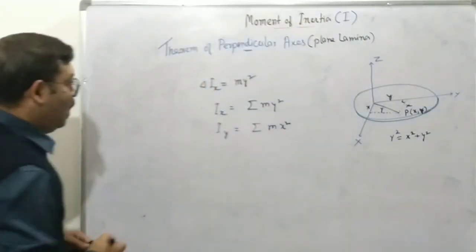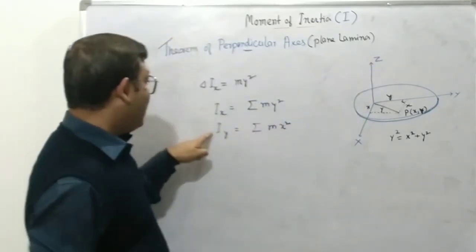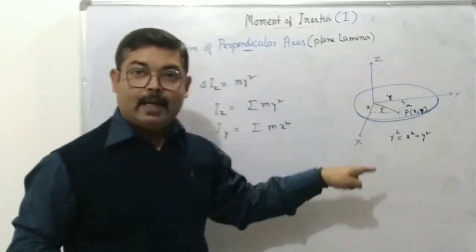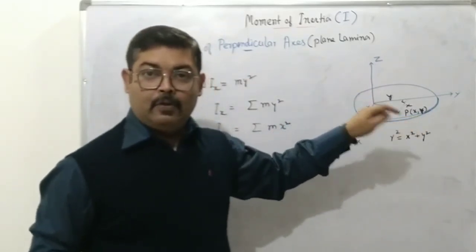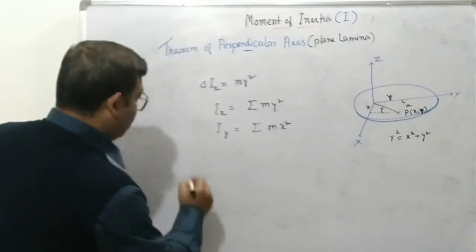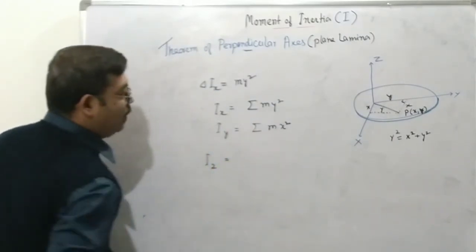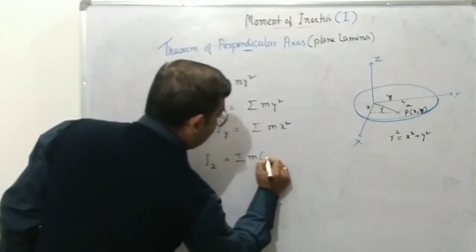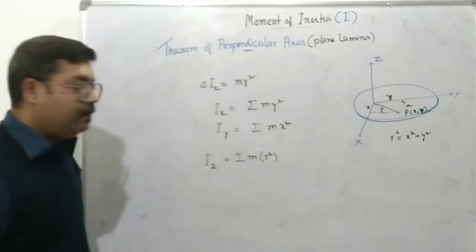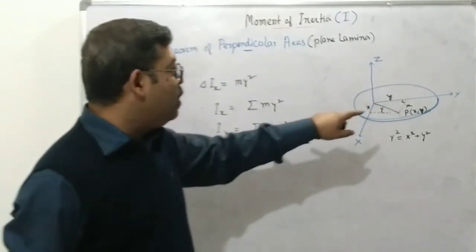Now, we want the moment of inertia not about the x and y axes. We want the moment of inertia about the z axis, which is perpendicular to the plane of the lamina, which is lying on the xy plane. So Iz that we want to find will be equal to the summation of m into r squared, for all r squares and for all m's, that is for all mass points.